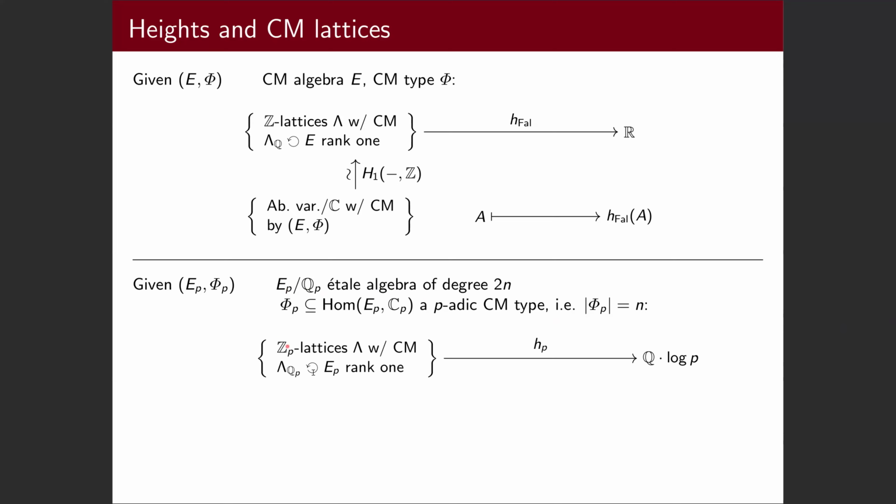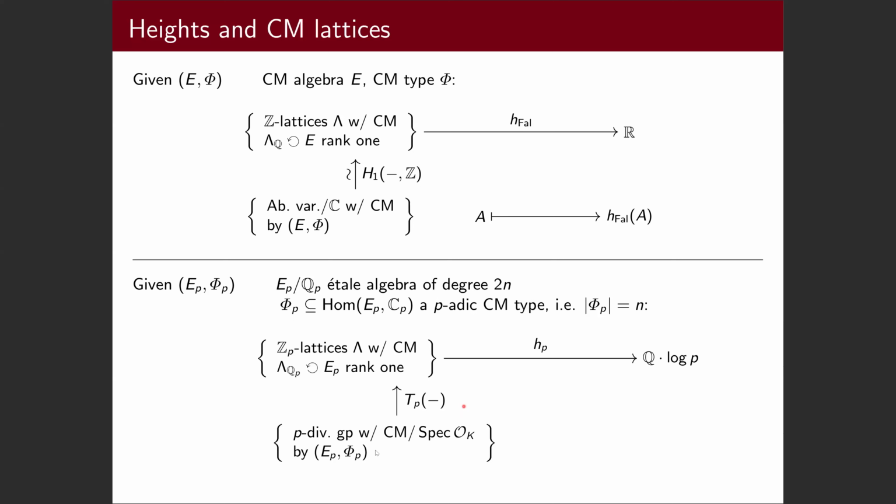Now I want to consider something similar. I want to consider a function on Z_p-lattices with CM in the same sense as before, where it means if I tensor up to Q_p, I get something which is rank 1 over this étale algebra. And I want to define a height which is valued in Q times log p. This will be done in a similar spirit as before, by comparison with CM p-divisible groups.